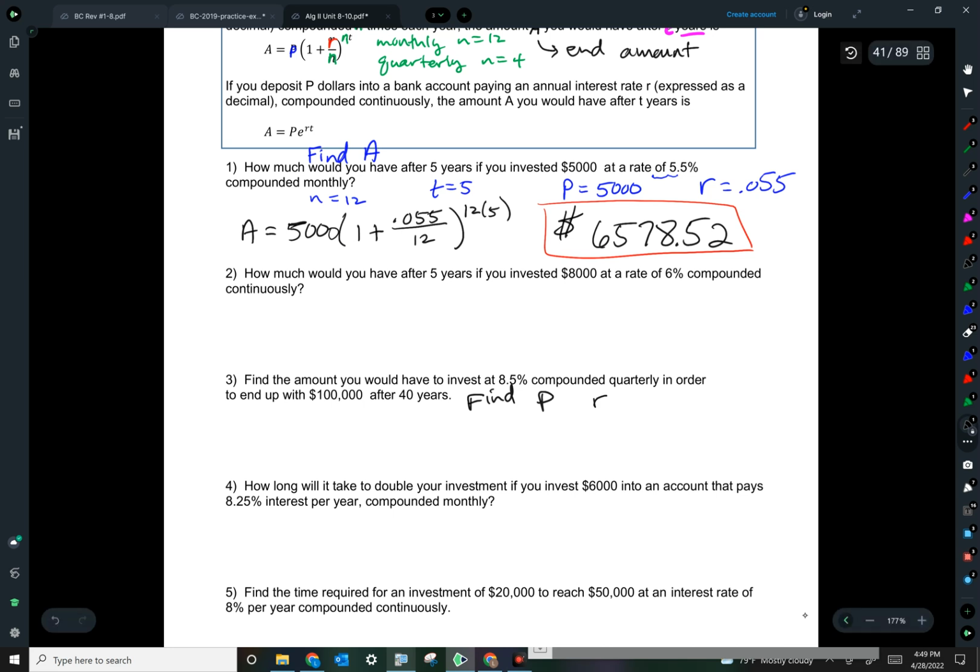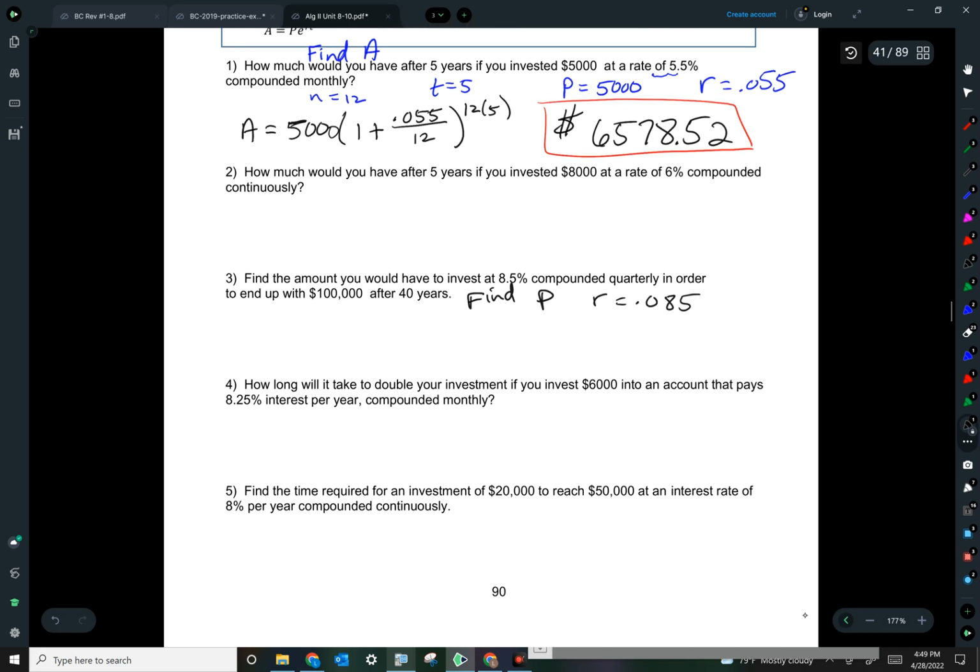So R, move your decimal, is 0.085. Compounded quarterly, so n equals 4. In order to end up with $100,000. So the amount you end up with, the A, is 100,000. And then after 40 years, so T is 40.